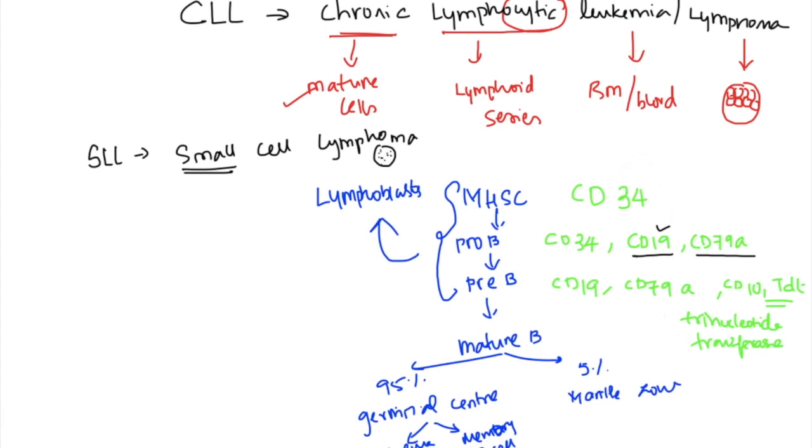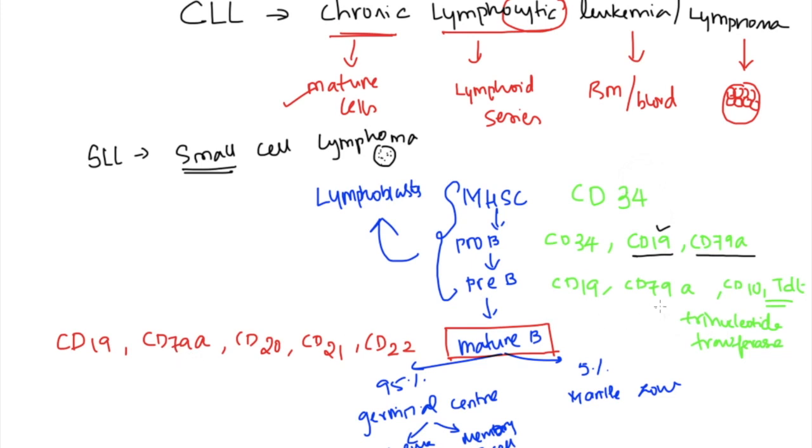Then we need to study what exactly happens to the mature B cell, because CLL is all about the mature B cell. So what are the mature B cell markers? Go with me: CD19, CD79A. Now you have to add some more here: CD20. If you just know numbers, CD21, CD22. Simple: 19 was there, add 20, 21, 22, and these two will remain.